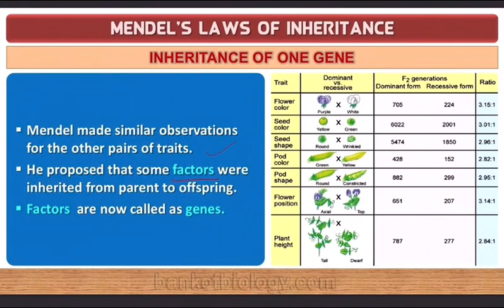So Mendel made similar observations for other pairs of traits also. He proposed that some factors, of course, Mendel used the word factors because remember, in the 17th century there was not even a good hand lens. So he guessed that there must be something called a factor responsible for this, and these factors were inherited from parents to offspring.